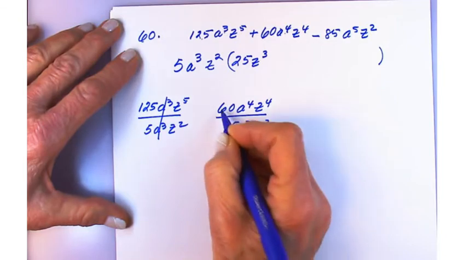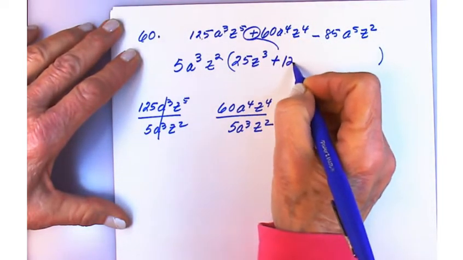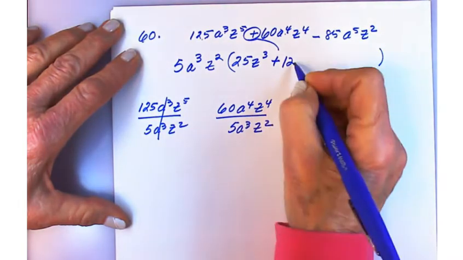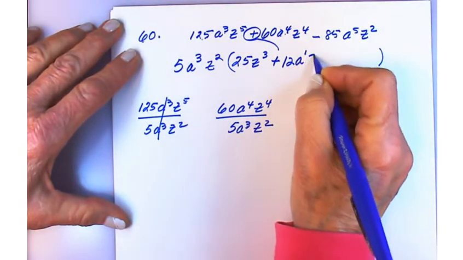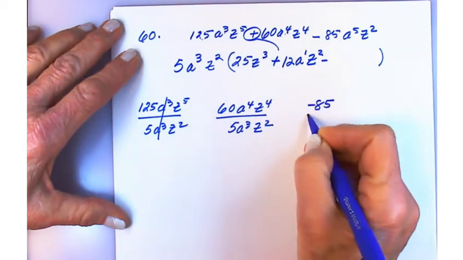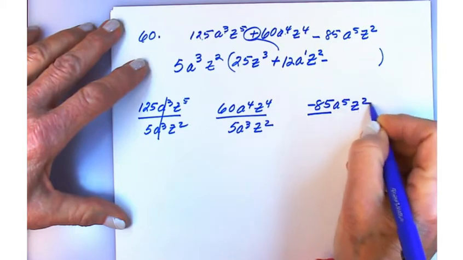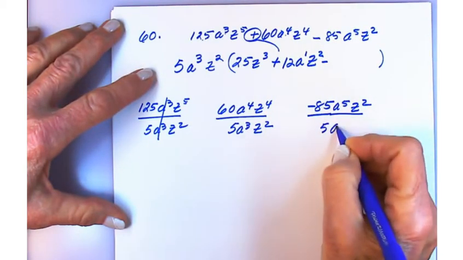I need a sign, so I need that sign. I have a 12. 4 minus 3 is a to the 1 and z squared. And then negative 85, a to the 5 z squared, and then I have 5a cubed z squared.